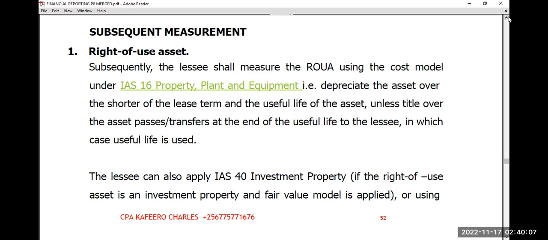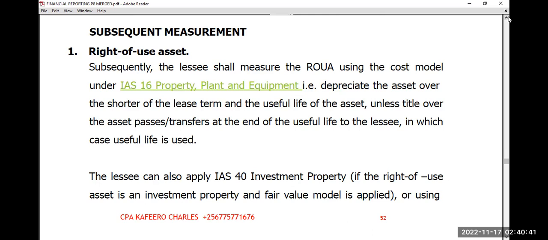Because the implication is that if the person is going to acquire that asset, even though the person has a lease of, let's say, 5 years, and the useful life of the asset is 10 years, it means the person is going to be the actual owner, or is going to use that asset for the whole 10 years. So it doesn't make sense to depreciate the asset using the lease term, yet the person is going to stay with the item until it reaches its useful life.